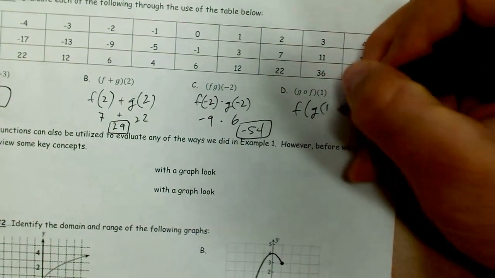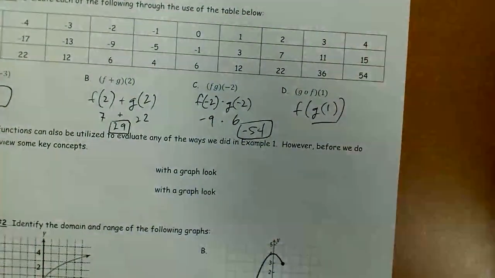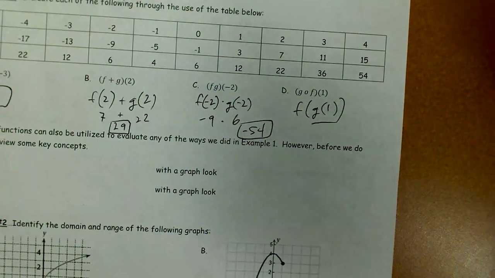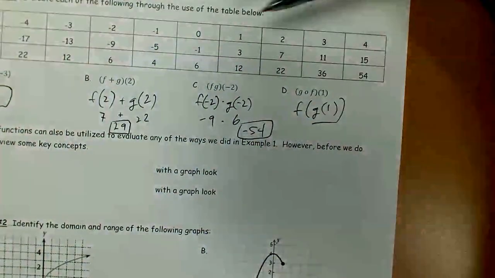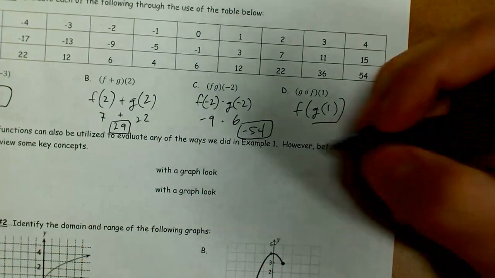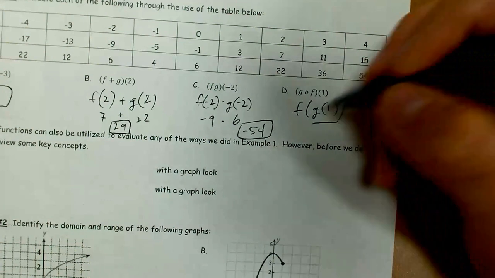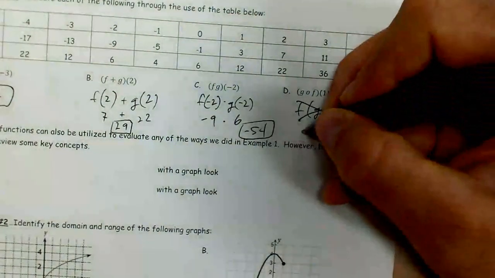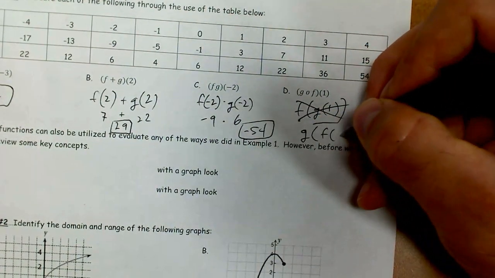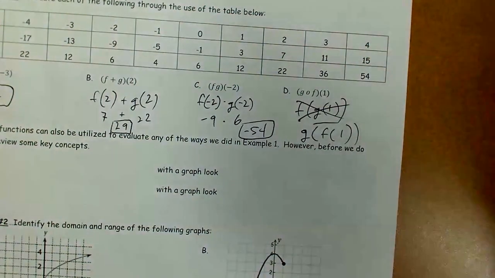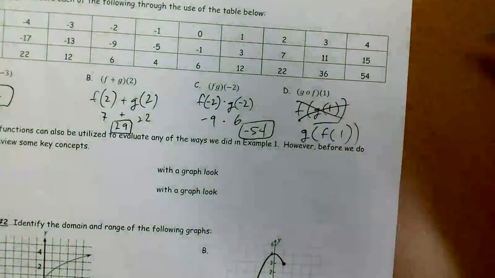And then finally, f of g of 1. I'm going to rewrite that so it makes more sense to me. Find g of 1 first. So g of 1 is going to be 12. Is that right? Oh, shoot, Mr. Ernst. This is saying g of f of 1. Careful.